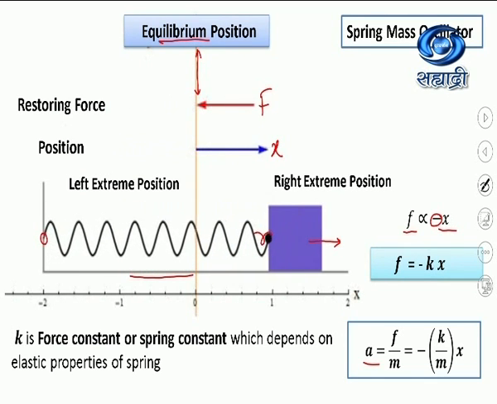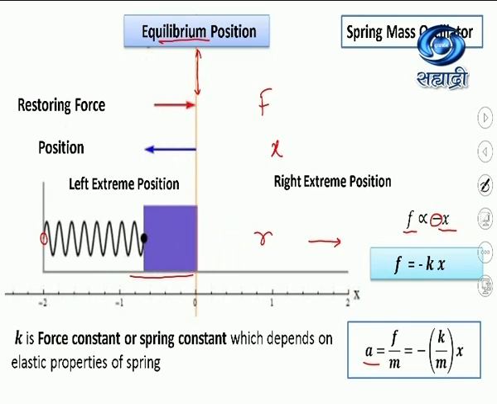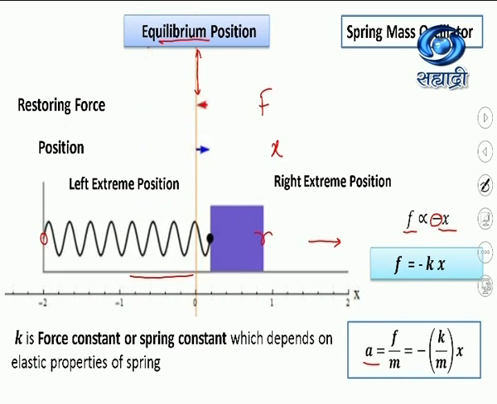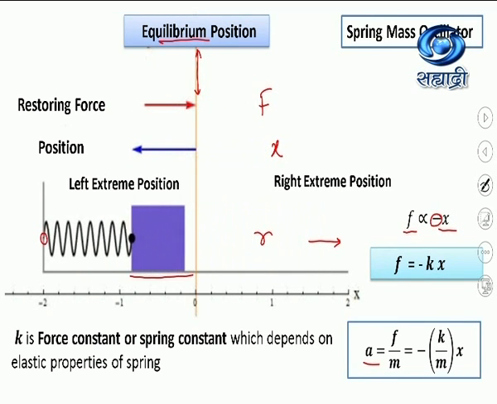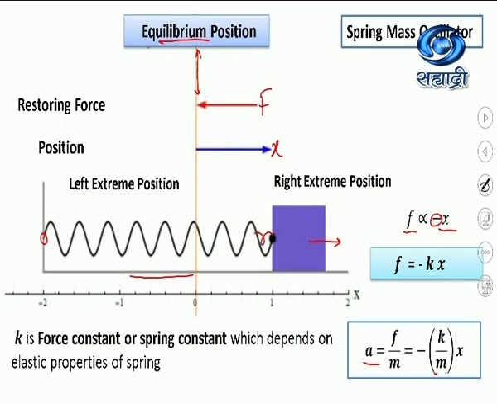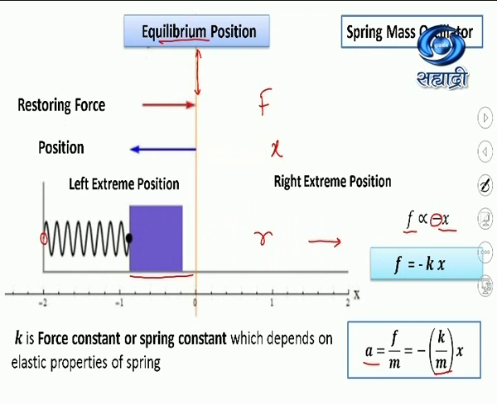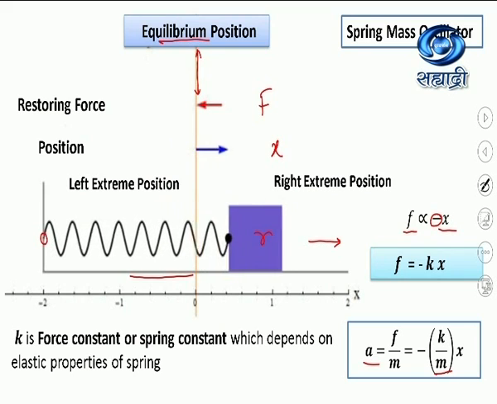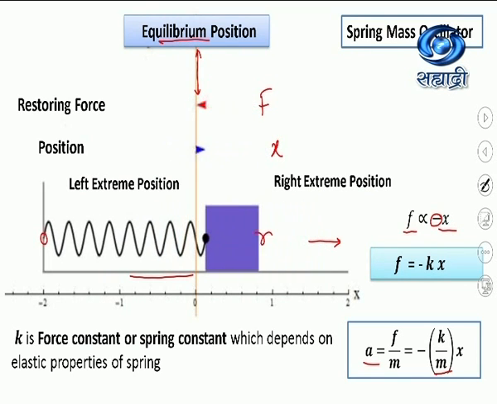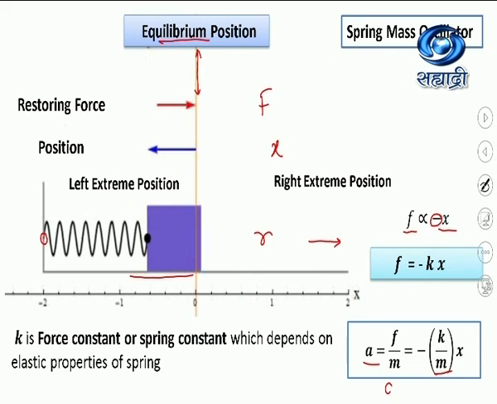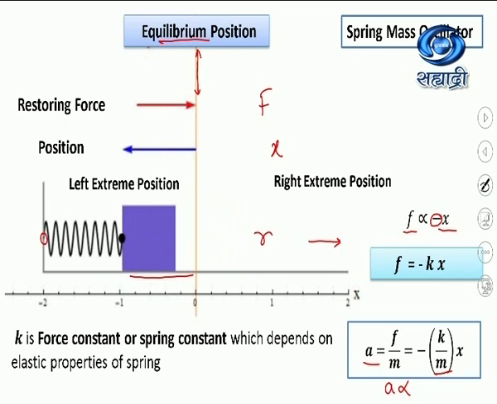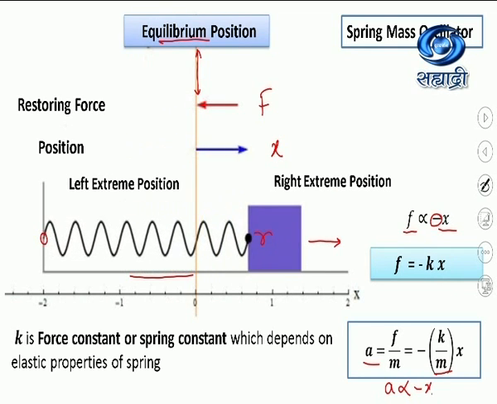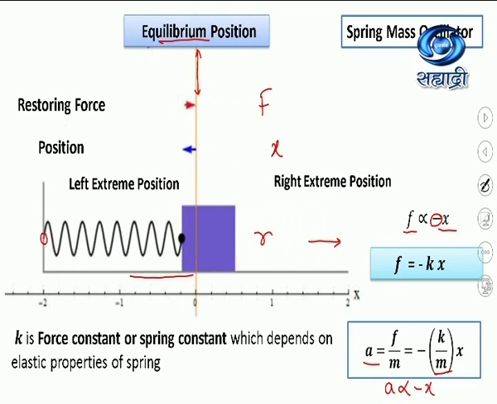Hence, the acceleration, which is a linear acceleration, is given by minus of k upon m into x. The bracketed quantity over here, the ratio k by m, is also a constant. Hence, it is also proved that the linear acceleration of the block is also proportional to minus x.